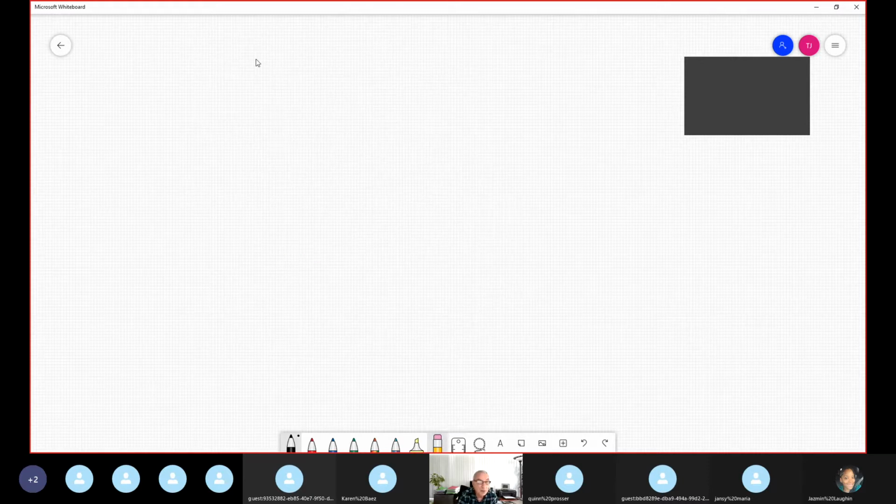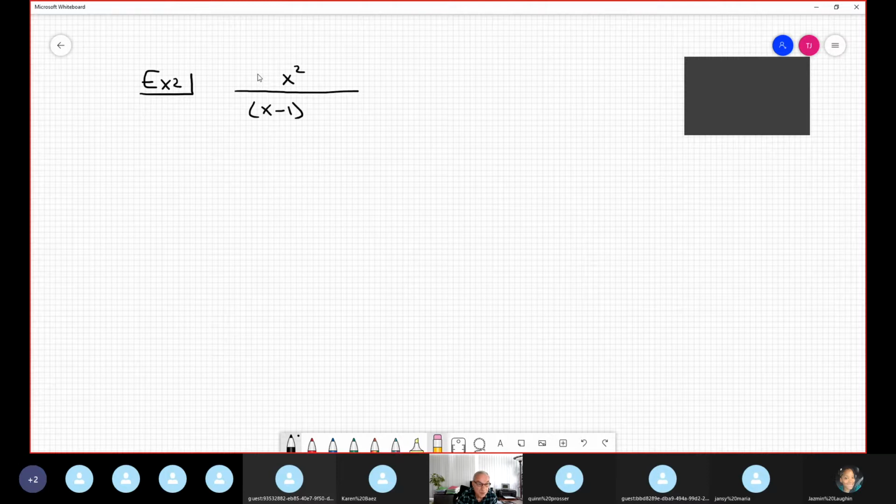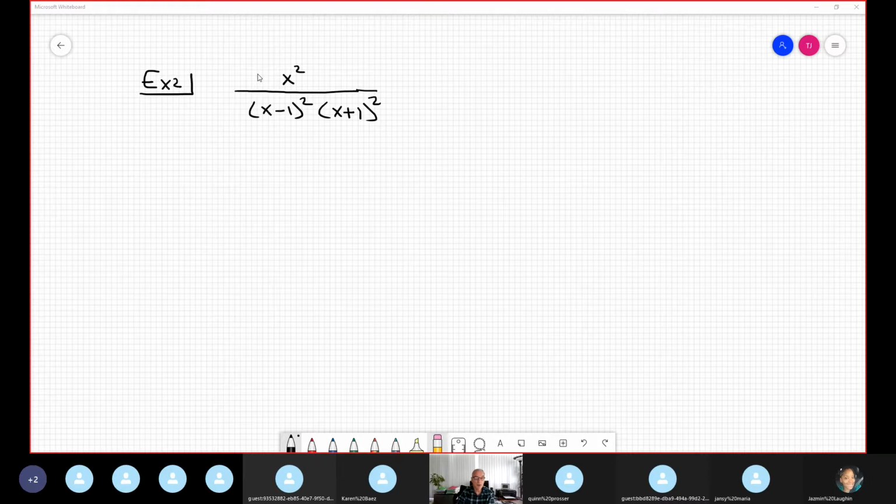Okay, I bring example 2. Remember, we did one example only, because it was the motivation example. Example 2 now is x squared over (x minus 1) squared times (x plus 1) squared. Okay, we are in front of a repeated, multiplicity 2, linear factor.